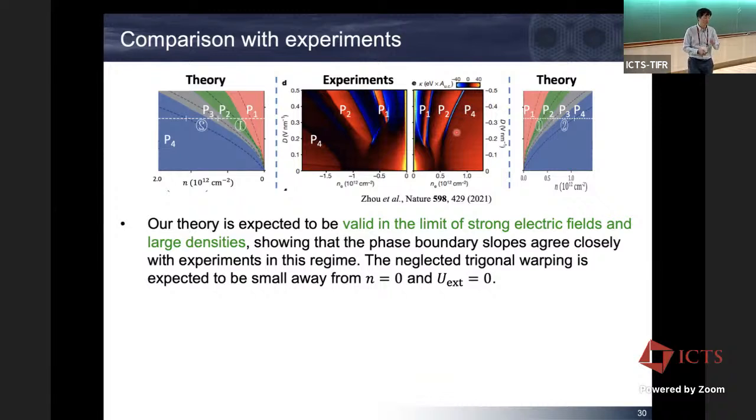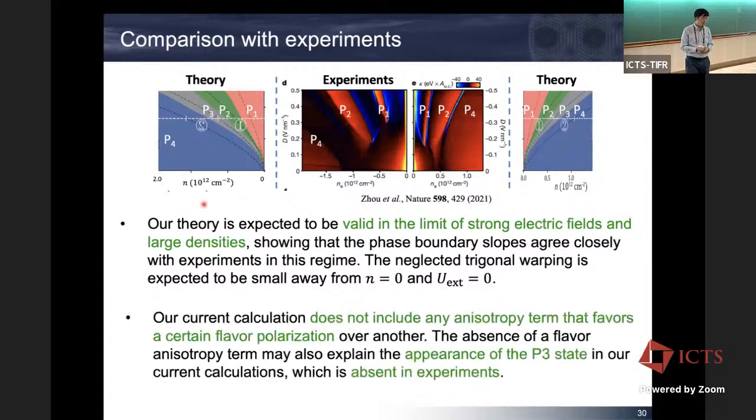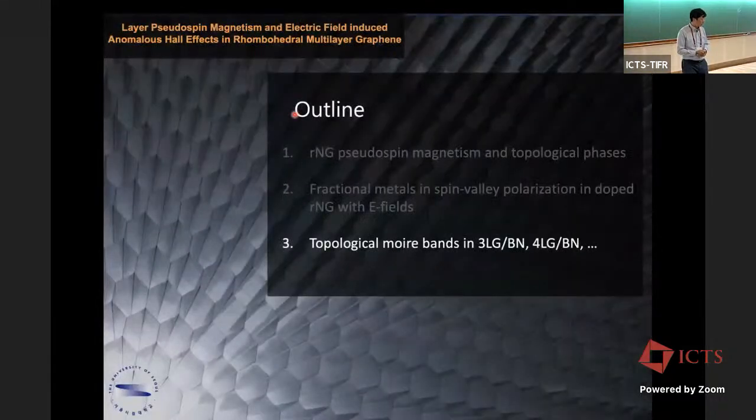That means the dielectric constant is 4. And the scales kind of match the experiment. Nevertheless, we don't know yet why this P3 phase shows up in theory, whereas in experiment it is absent. Okay, so that would be the story for the second part.